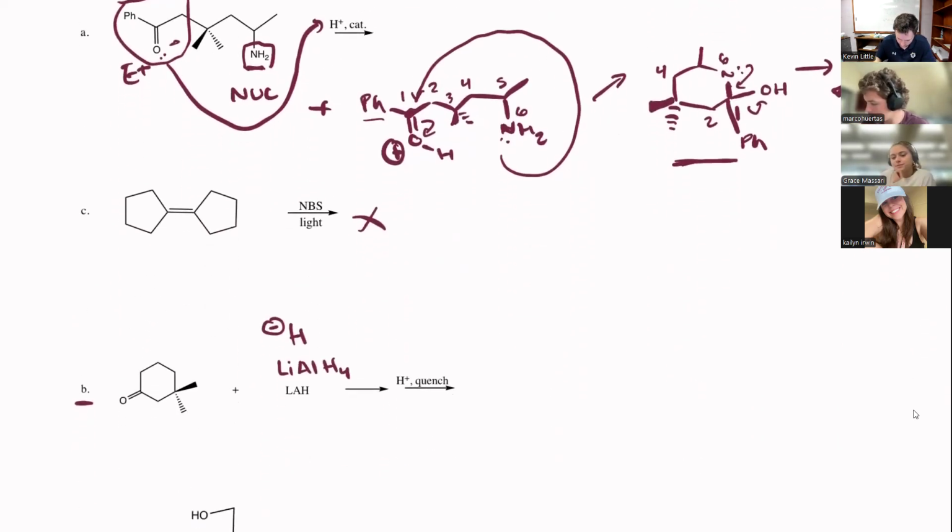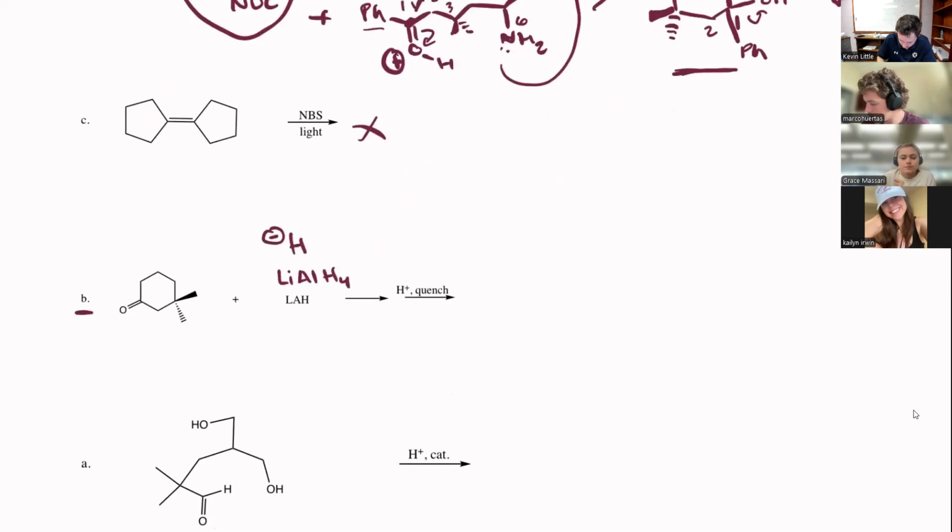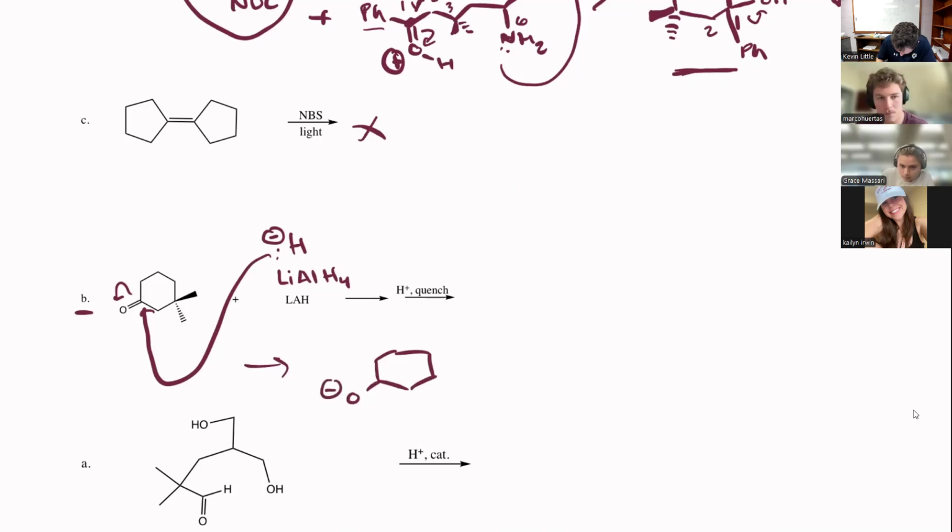Do I have an electrophile around? Yes, the ketone. So this H minus is going to add into the carbonyl. Then H plus quench. I would just write water, but it makes it more direct.